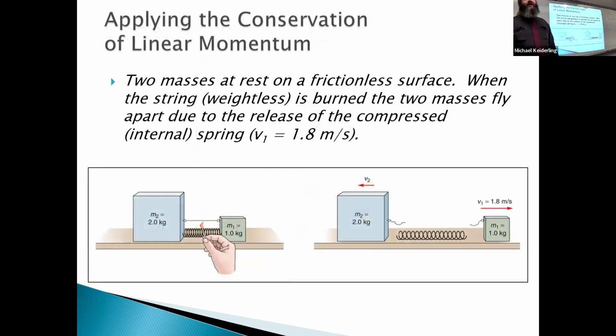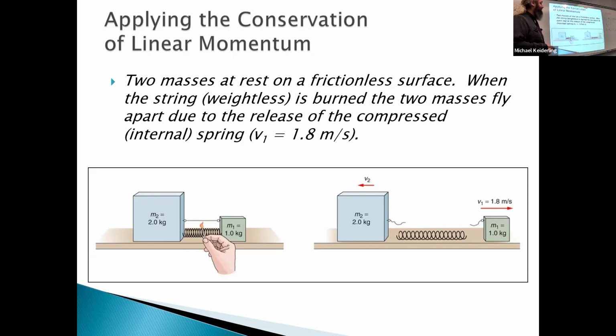So if you apply conservation of momentum, if you have, say, two masses with a spring in between them that are suddenly released, when the spring is burned, the two masses will fly apart due to the compressed spring. Mass one is 1 kilogram, mass two is 2 kilograms, and the velocity of mass one is 1.8 meters per second.